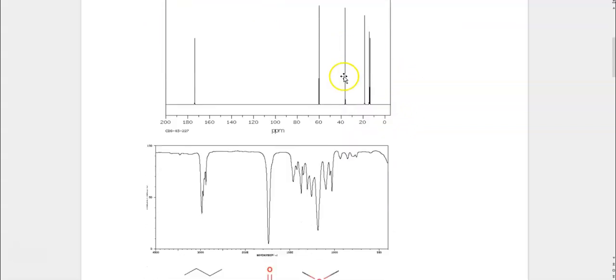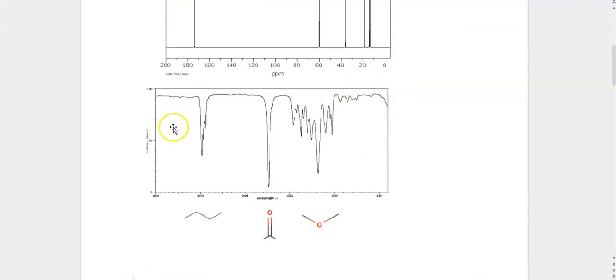So I went down further and analyzed the IR spectrum to give me more clues, in which I see between 2,850 to approximately 2,975 your alkane stretches, so your carbons and your hydrogens, which I placed down below right here.